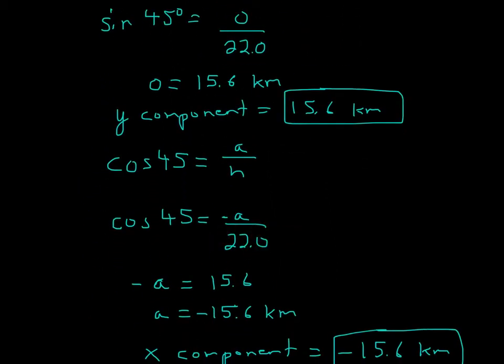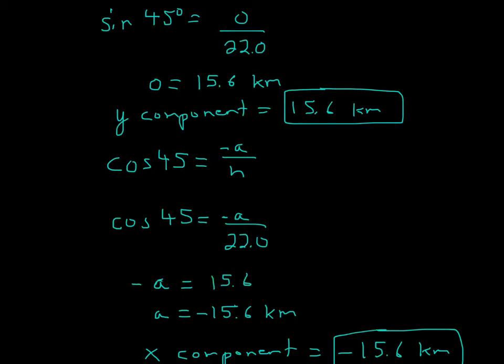We have 22. Now all you do is multiply each side by 22. That cancels. 22 times this will get you 15.6. Notice how I put a negative a, just to make sure I don't forget about that negative. So it's negative a equals 15.6.